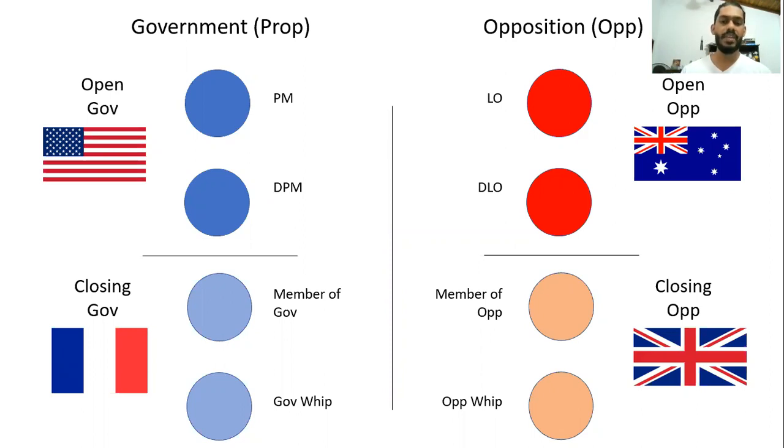Let's say that POI really damaged the leader of opposition's speech, and that was capitalized on by the DPM. So the DPM had a good rebuttal on LO because of the POI asked by the government whip. Rather than giving all the credit to the DPM for that rebuttal, you need to award at least 1 or 2 points to the government whip for asking that POI. So asking POIs is like that.